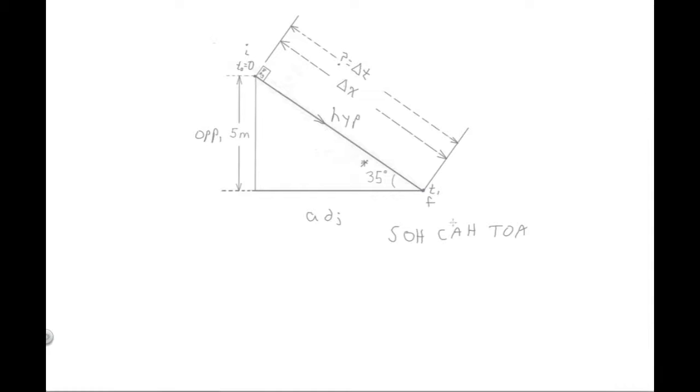So should we use sine, cosine, or tangent? Well, we know that we want to find the hypotenuse, so that would mean we're going to use one of these two that have the hypotenuse. Tangent doesn't have the hypotenuse, and we need to use the number that we know. Well, the number that we know is for the opposite side. So we should use sine, because that will allow us to deal with the opposite and the hypotenuse. We don't want to use cosine, because that would force us to work with the adjacent side, whose length we don't know.